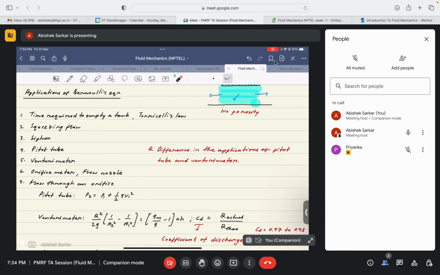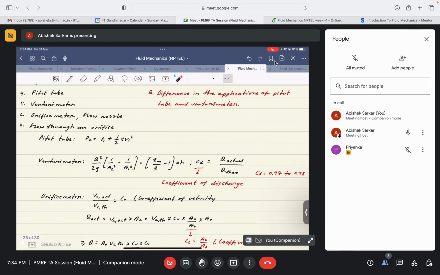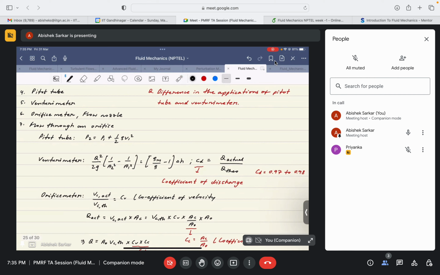Yes, sir. Okay, so just to recollect, for the pitot tube, this was the governing equation, where P2 represents... what is P2? I have not written it, so I could ask. What is P2 here? Stagnation pressure.